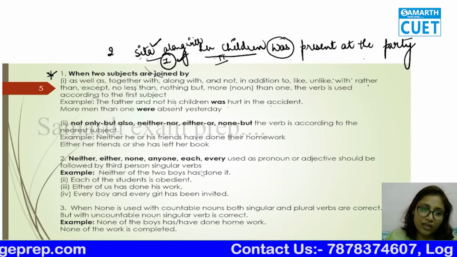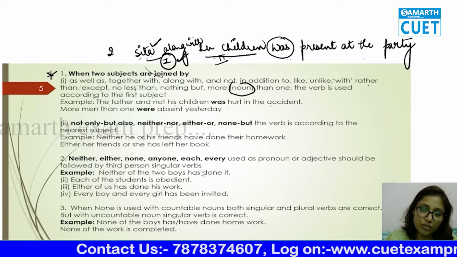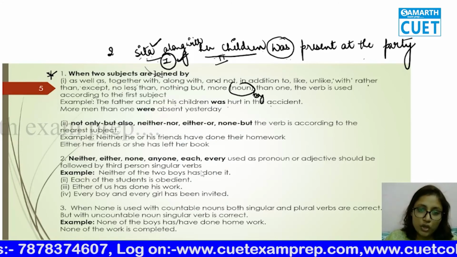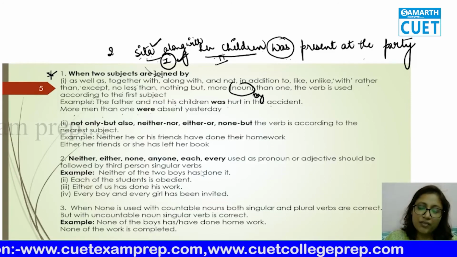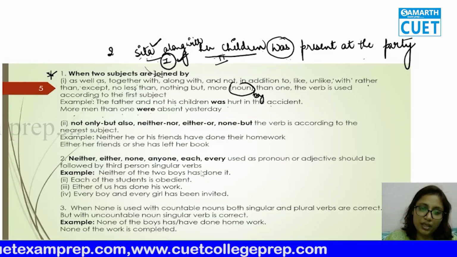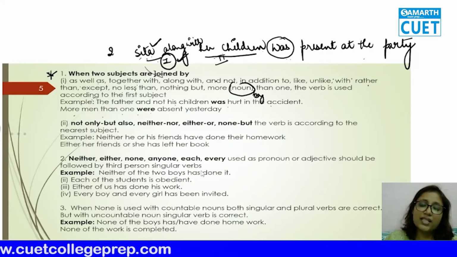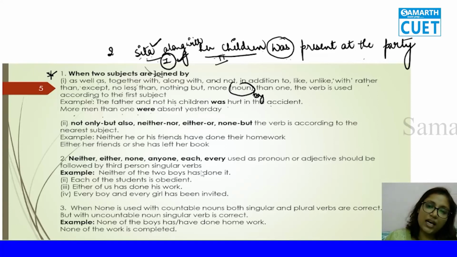More noun than one का क्या मतलब है? यहाँ here we are going to put some noun: boys, children, men, women. So "more men than one were absent yesterday." That means एक से ज्यादा आदमी कल अनुपस्थित थे. ठीक है, यानी कि एक से ज्यादा आदमी कल अनुपस्थित थे.